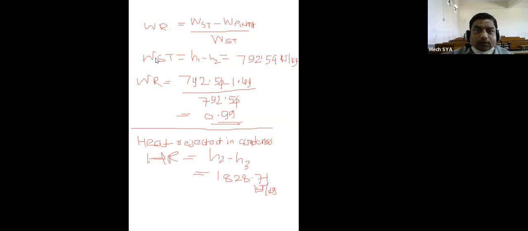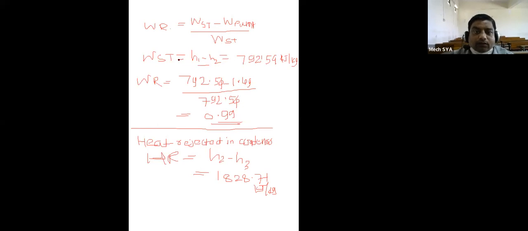Work ratio. Okay. So work ratio is equal to W steam turbine minus W pump, divided by W steam turbine. W steam turbine is equal to H1 minus H2. So 792.54. This H1 we got, H2 we got, and that difference is nothing but the steam turbine work. So 792.54 kilojoule per kg is the steam turbine work.